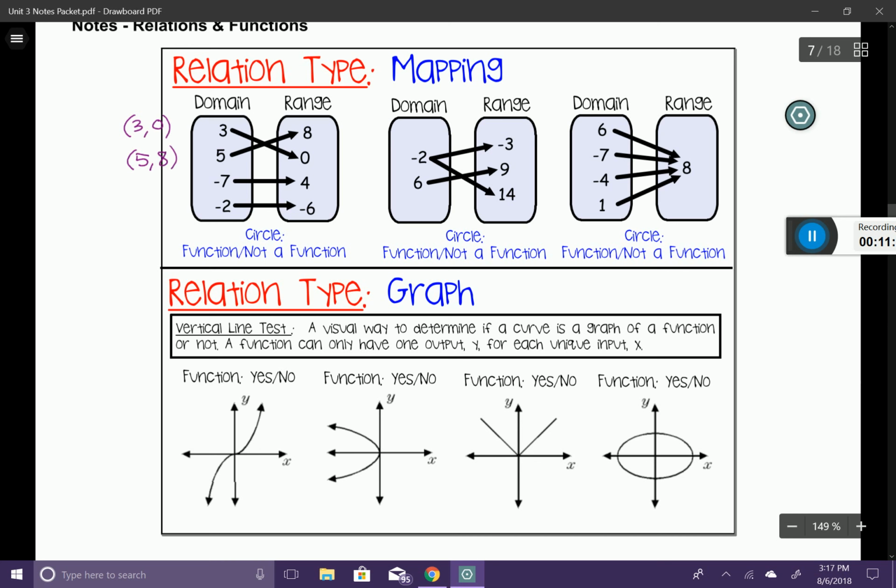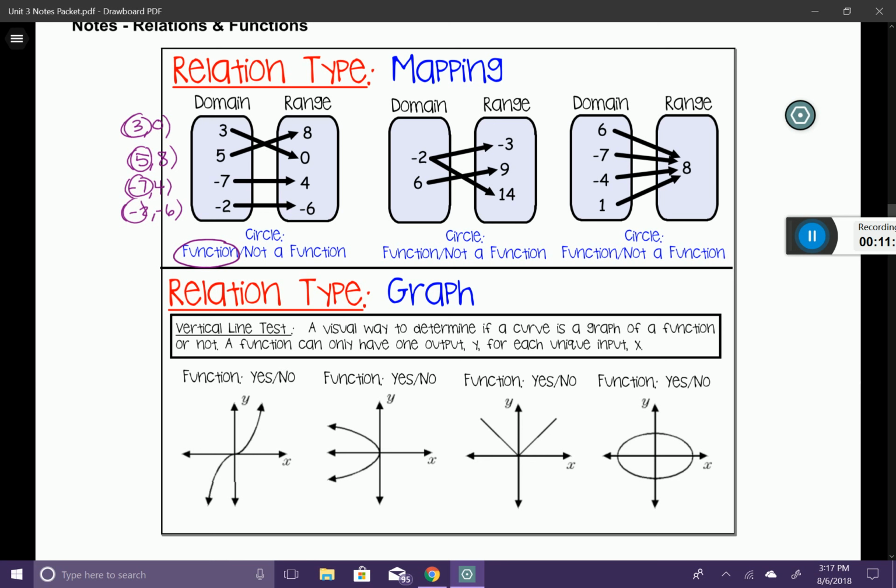So what we want to figure out is, is it a function or not? Well, we first have to look at the domain and ask ourselves, are any of the domain values repeated? It looks like 3 is going to 0, 5 is going to 8. I can even write them here. -7 is going to 4, and -2 is going to -6. Therefore, you can see that none of the x values repeat, and therefore this mapping is a function.